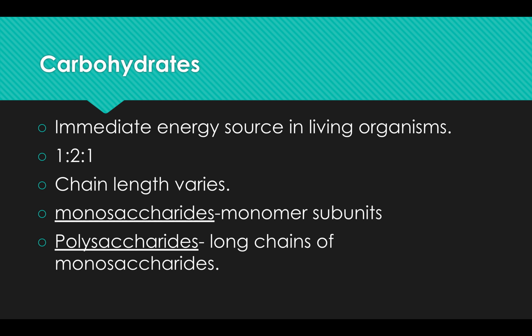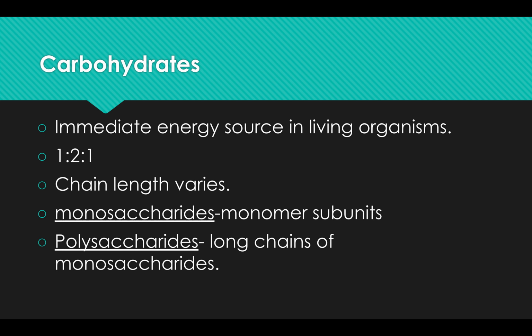So carbohydrates are made of carbon, hydrogen, and oxygen. Okay, if I had a board, I would write CHO. And if I had 12 carbons, I would have 24 hydrogens and 12 oxygens. Okay. The chain length will vary.